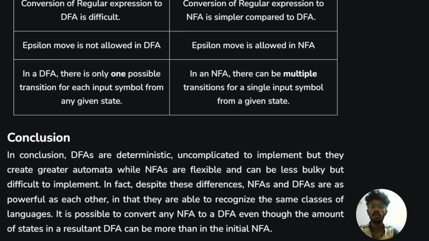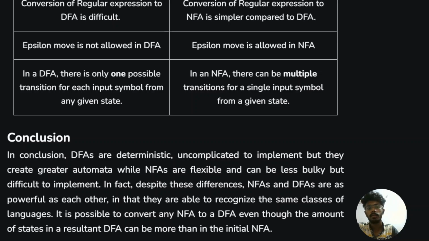In DFA, there is only one possible transition for each input state. In NFA, there can be multiple transitions for a single input for a given state. So, in conclusion, DFAs are deterministic and uncomplicated to implement, but they create greater automata, while NFAs are flexible and less bulky but difficult to implement.